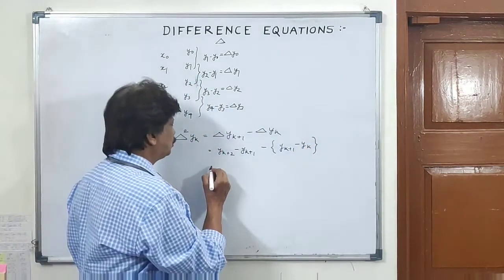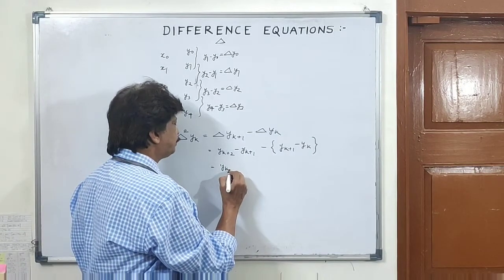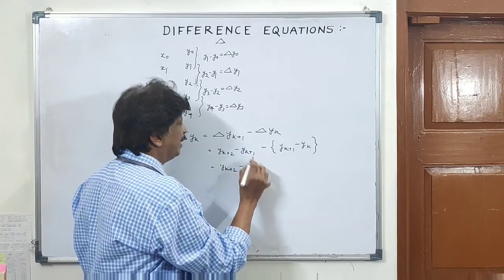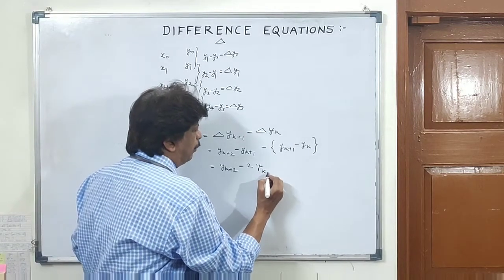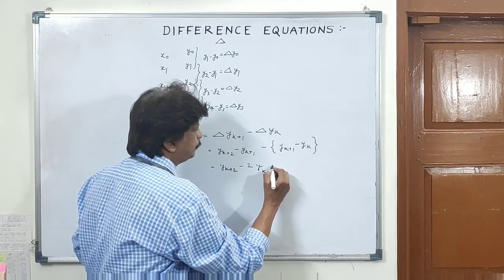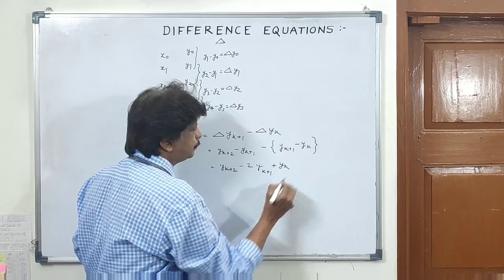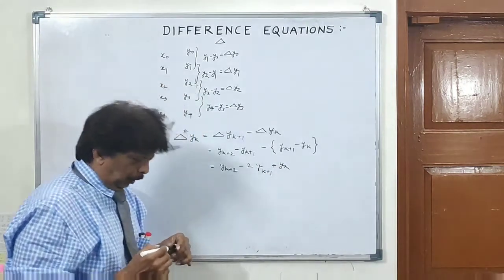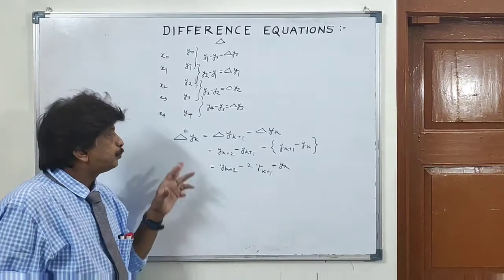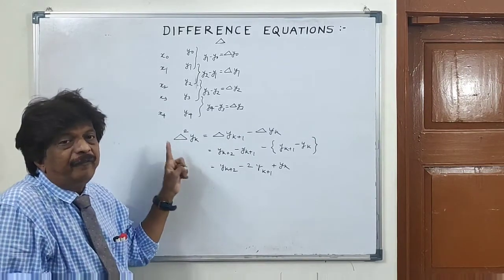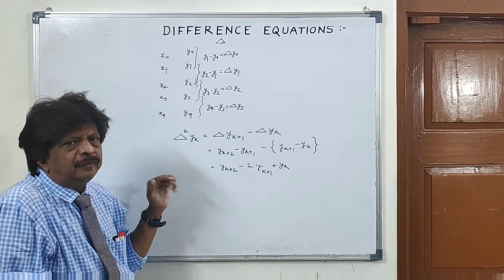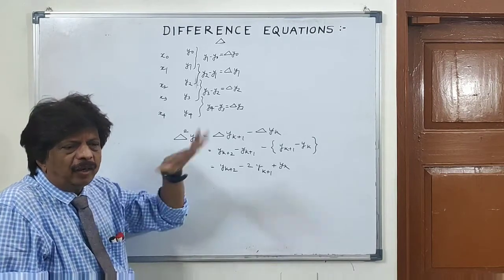So it is equal to yk plus 2 minus 2 times yk plus 1 plus yk. That is how we define the second order difference. Similarly, we can define the higher order differences.